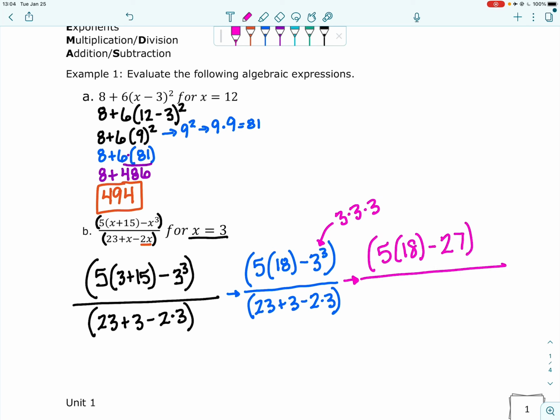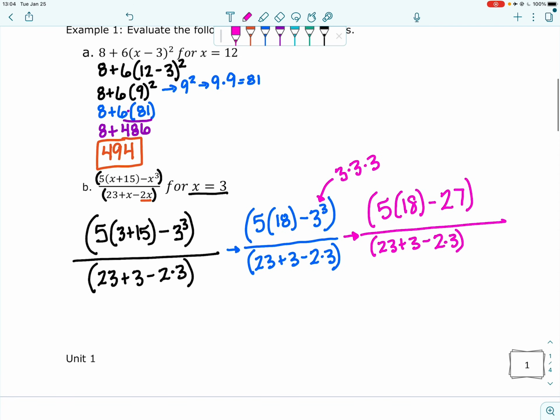And then on the bottom, I don't have any parentheses or exponents, so I'm just going to keep rewriting the bottom until I can do something with it. I'm just rewriting this because it looked a little funky. And just keep moving down the line.